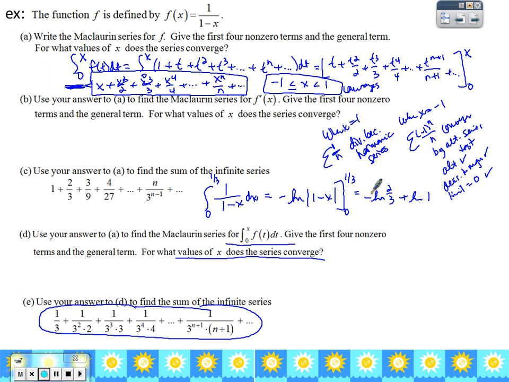Now, negative ln of 2/3 is the answer, but you know they're not going to write it like that. They would take this negative and pull it up into the argument. Yep, and they would make it ln of 3/2. That's what they would do. Now, I'm not going to count off if you give that to me as an answer. I'm just saying that's normally not how they would write it. They would write it like this. Whew. All right.